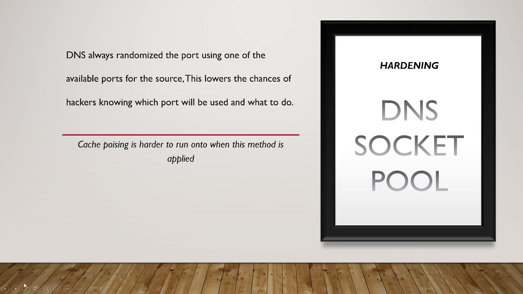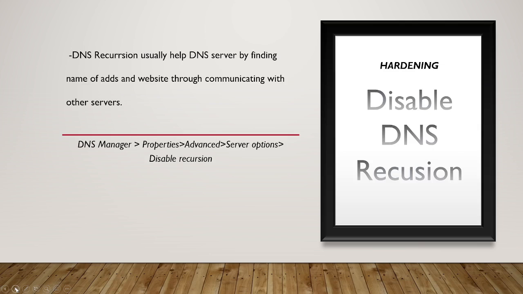Next, we have disable DNS recursion. Now, when we disable DNS recursion, it can either be good or bad, so it takes discernment, but we're going to disable it for our particular situation.